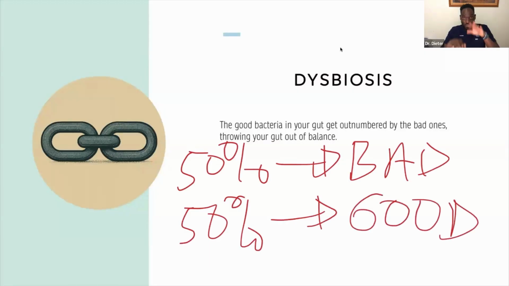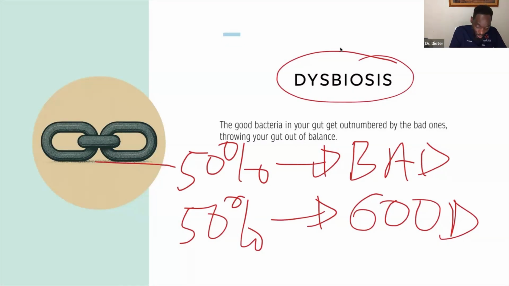So they live in a 50-50% population. They balance each other out. We say you have dysbiosis or microbiome dysfunction when the good bacteria are outnumbered and the bad bacteria proliferate. So the bad bacteria become, let's say, 70% and the good bacteria become 30%.